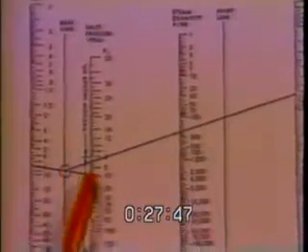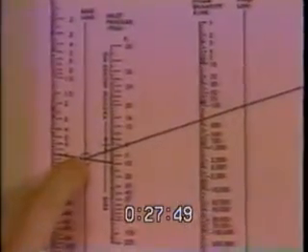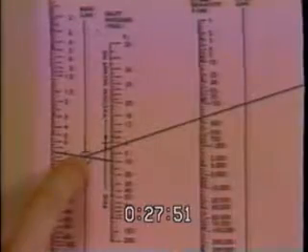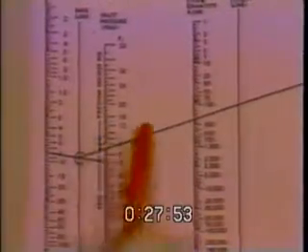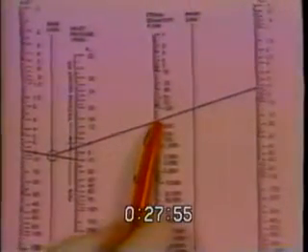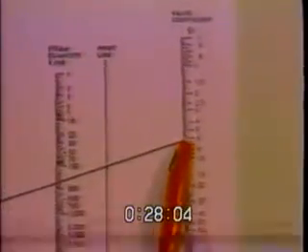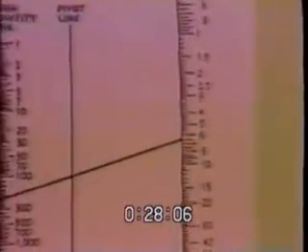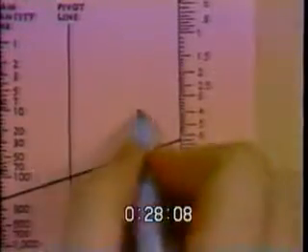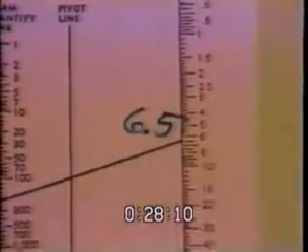Drawing a line between those, we have a new base point. From that point, you take that through your pounds per hour, or your quantity of steam, in this case 220, and you come to a value here of approximately 6.5. So we have a CV of approximately 6.5.